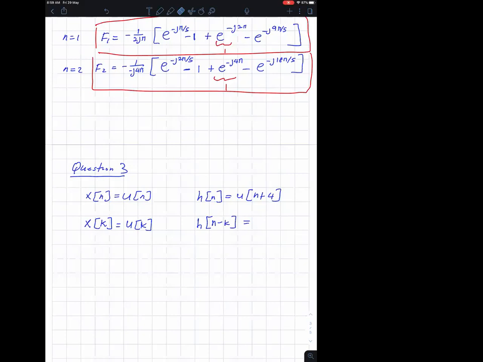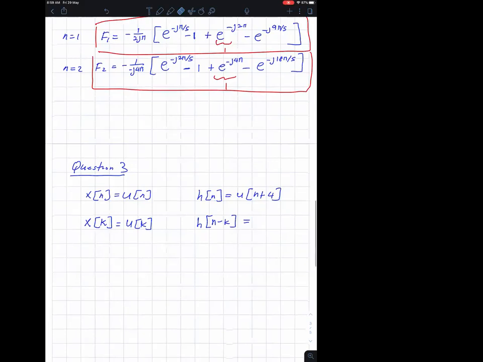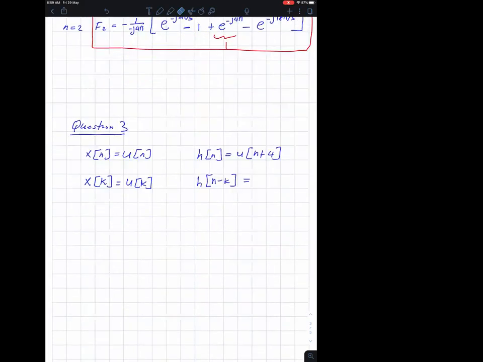So from now on, you only think graphically. You have to sketch this out. First, you sketch x of k.